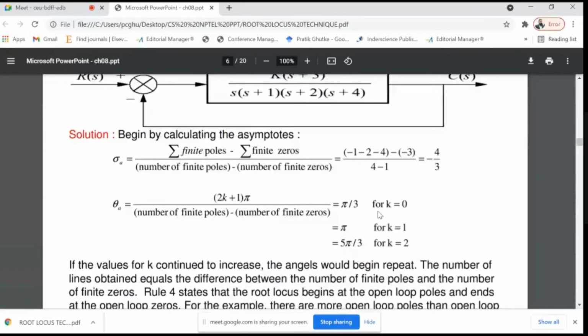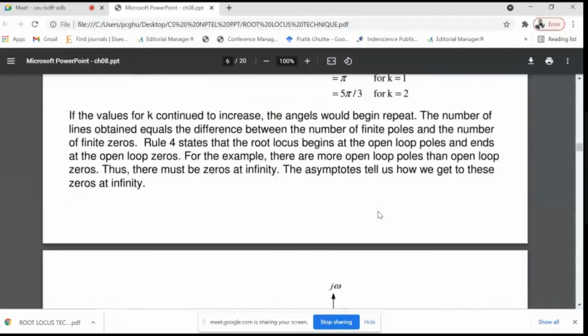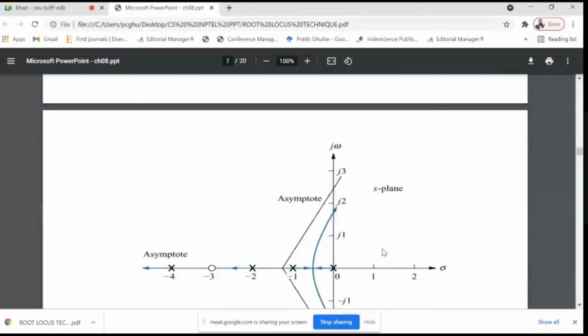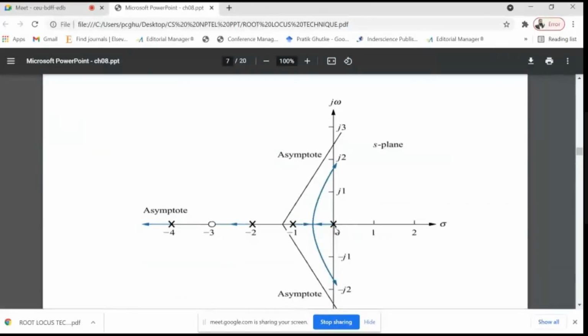Now we have to check whether each region is root locus region or non-root locus region. We have plotted the poles and zeros: one pole at 0, one at -1, another at -2, another at -4, and one zero at -3.